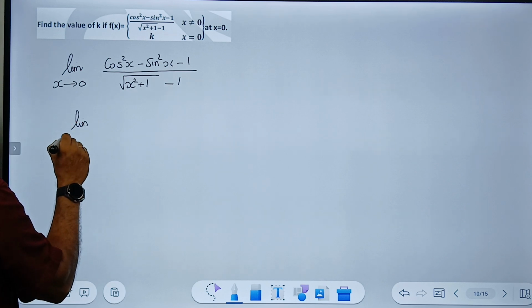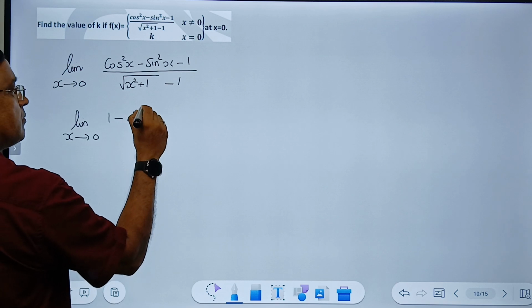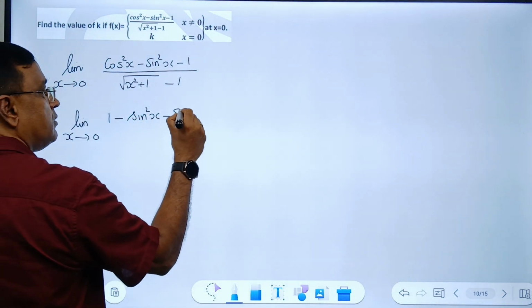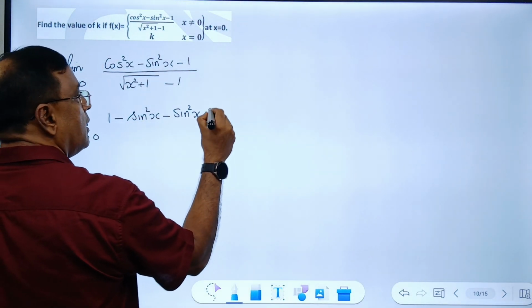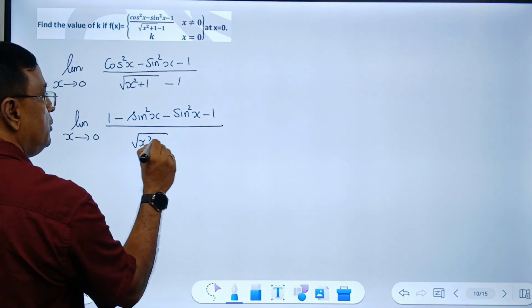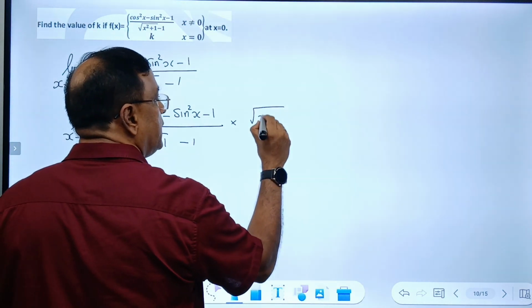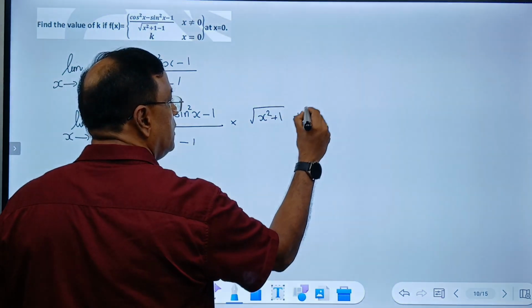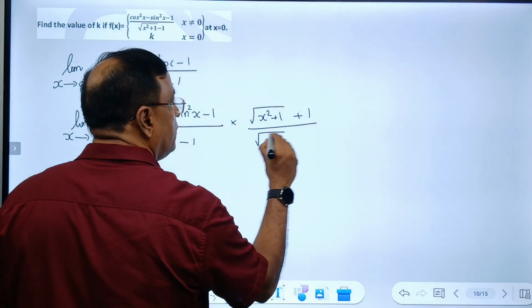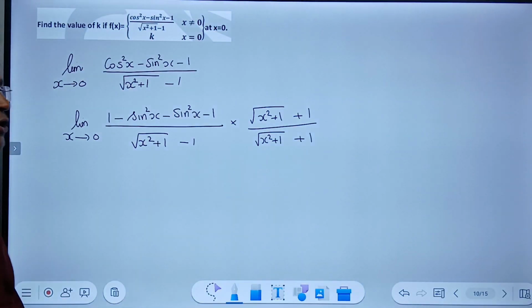Write this cos square x as 1 minus sin square x, and this will remain as it is. And in the denominator, you rationalize. Multiply and divide by root of x square plus 1 plus 1. I just rationalize the denominator.